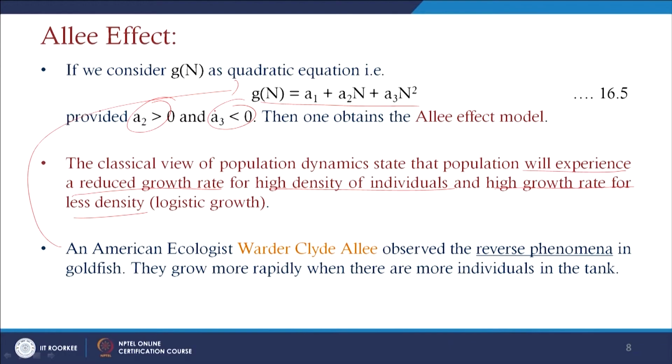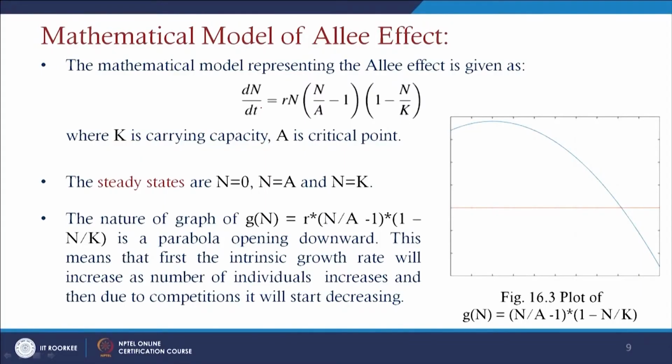So, if you consider different cases in different forms, then we will have different classical models in population dynamics. If you go for the solution of this Allee effect equation, the equation is represented in the form: the change of the population is directly proportional to the total population size n, times the growth rate factor r, times (n by a minus 1), times (1 minus n by k).